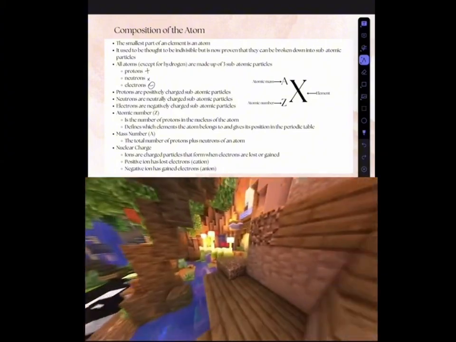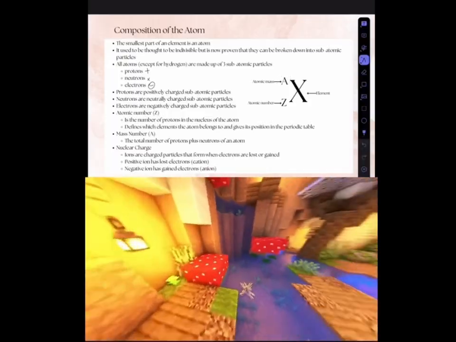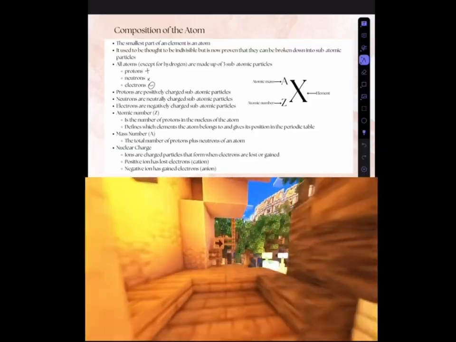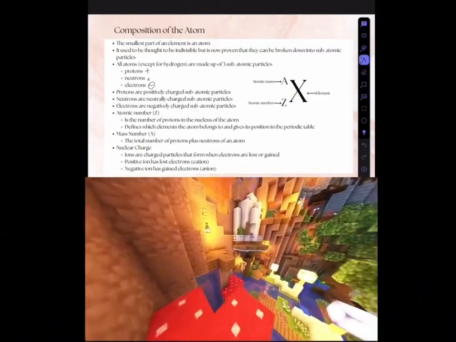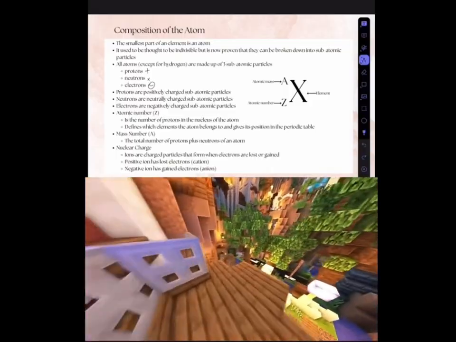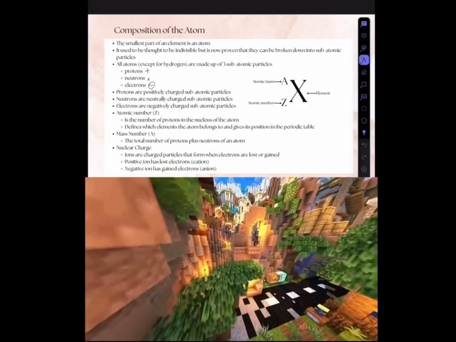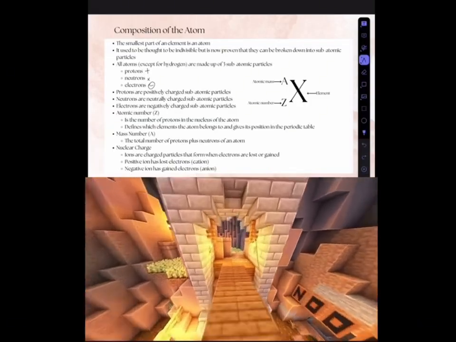Mass number, which is on the top here, is the total number of protons plus neutrons in an atom. And then nuclear charge is mainly used for ions, which are charged particles of elements or compounds when electrons are lost or gained.